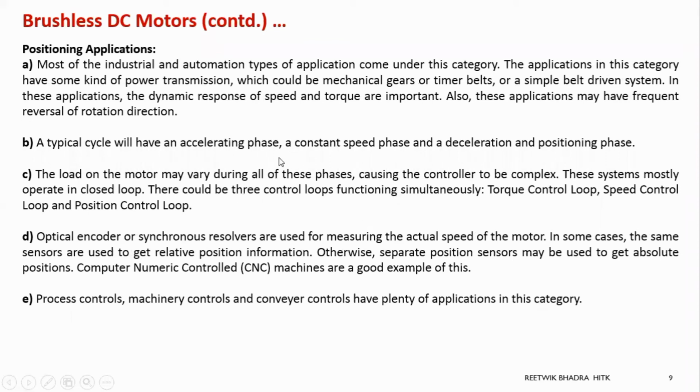So there may be a constant speed phase, there may be an accelerating phase, there may be a deacceleration phase, there may be a positioning phase. Just now I had discussed over here with the example of a car. You may have acceleration, you have deacceleration. You need to position your car also according to the traffic in the lane, in which lane you want to place your car. So those things are very important. So control logic has to be very complex, and obviously there should be many control loops like torque control, speed control, position control.